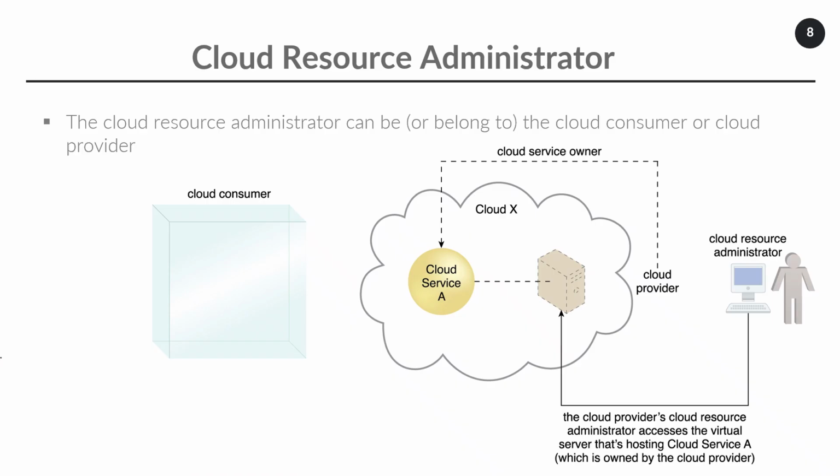So now in this illustration, we have a cloud resource admin that belongs to the cloud provider or is the cloud provider. The cloud provider is the service owner as well of cloud service A, and it runs within cloud X. All right, just to illustrate the two possibilities: admins from cloud consumer or from cloud provider.